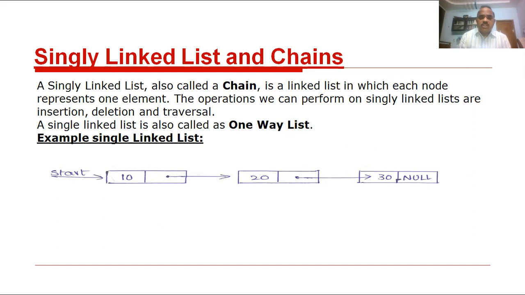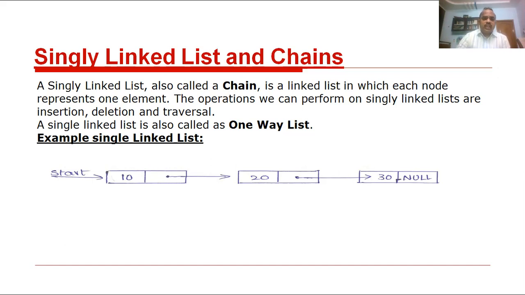The delete operation is the same as insertion: we can delete an element from the beginning of the list, from the end of the list, or from anywhere in the list. Clear? Traversal means displaying all the elements from the header node to the last node. So these three are the operations in a single linked list.